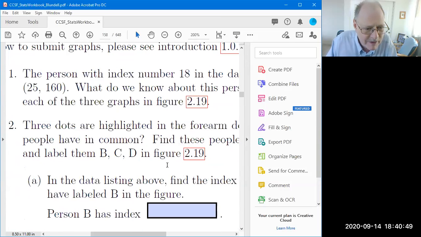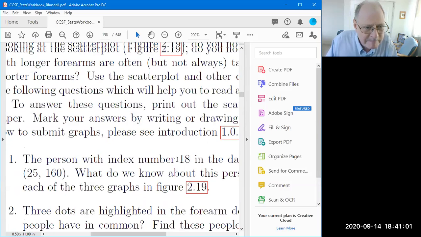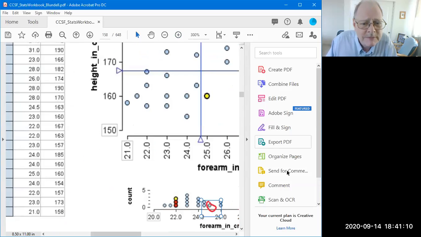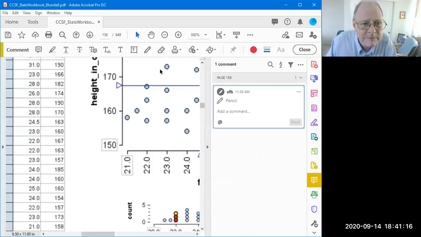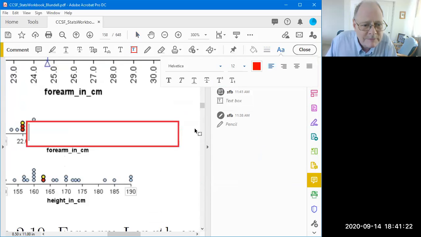Okay. So now let's label them B, C, and D. Need to get a real small font on that.